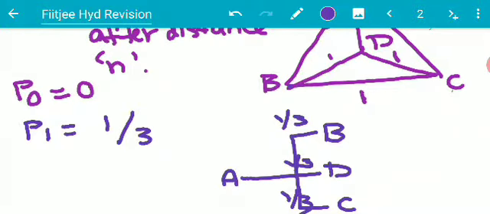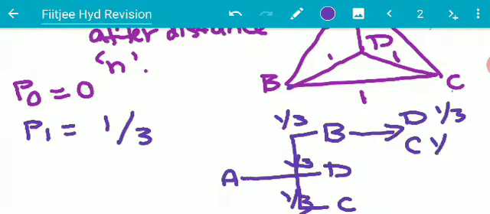Now after reaching B it cannot go back again to A, so we have 2 possibilities, either it goes to D or C. So total 3 possibilities. For D it is 1 by 3, for C also it is 1 by 3.